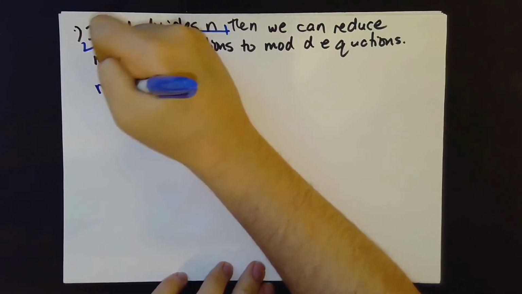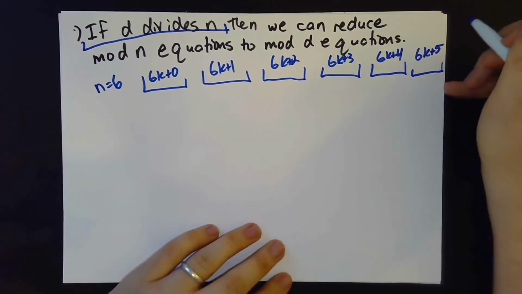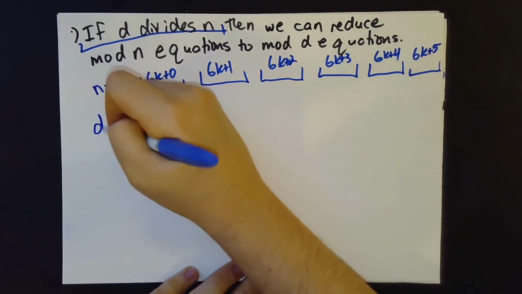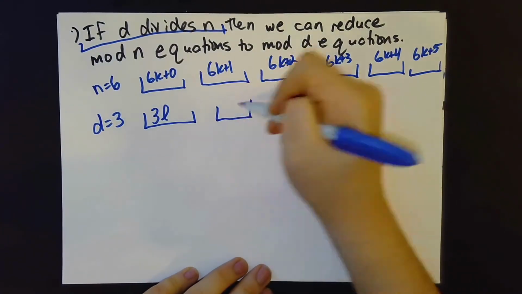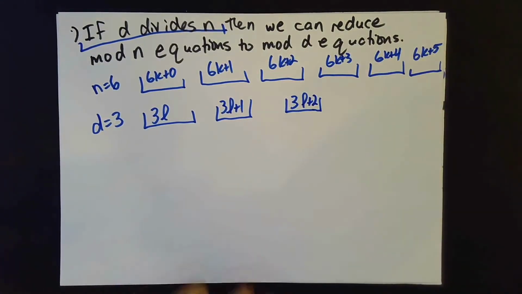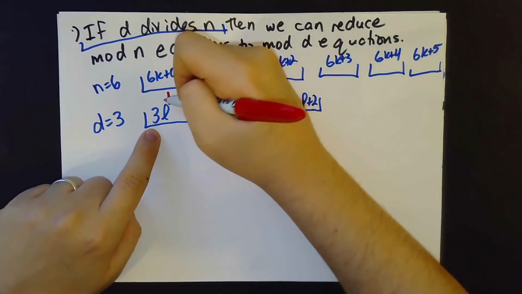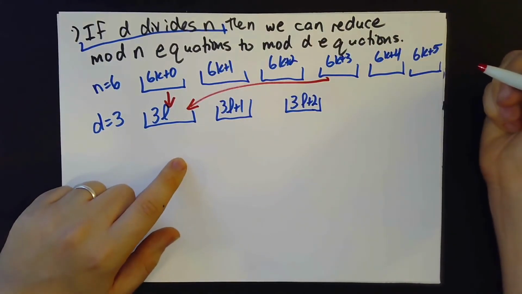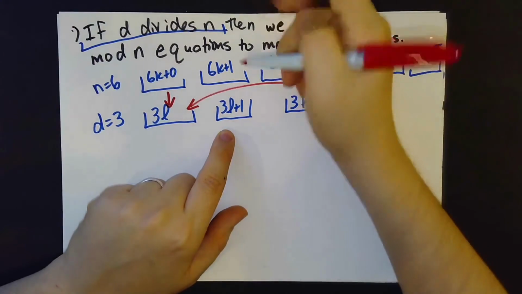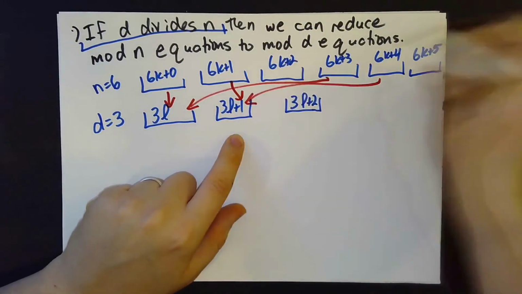So if n is 6, well, there's 6 buckets, mod 6. And then I look, say, mod 3. Mod 3, there are 3 buckets. But if you think about it, you can convince yourself the 3L bucket is exactly the 6K bucket and the 6K plus 3 bucket. The 3L plus 1 bucket is exactly the 6K plus 1 bucket and the 6K plus 4 bucket.